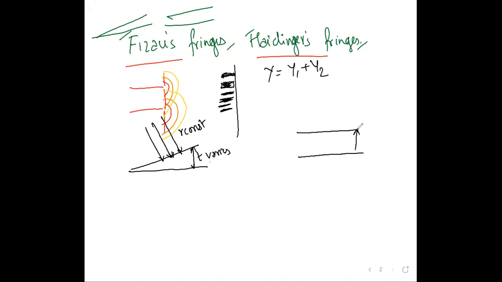Their t remains the same. The thickness of the film remains constant. But R varies. R will look like this. Here R varies. So these are the two types of fringes here.